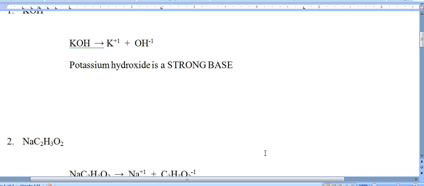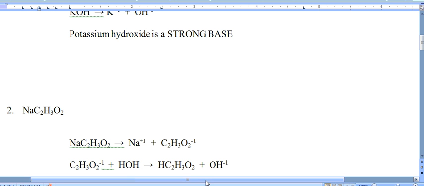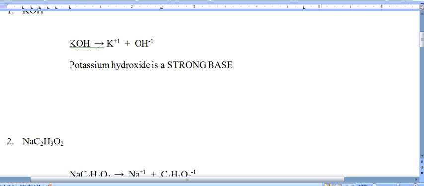Looking at number 2, we have sodium acetate, and sodium acetate will dissociate into sodium ions and acetate ions. Now the question you need to ask yourself is, when you're looking at a salt, you need to split the salt in half.